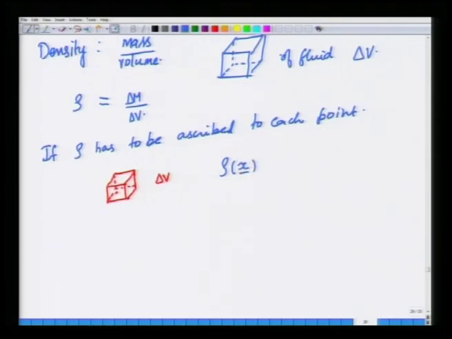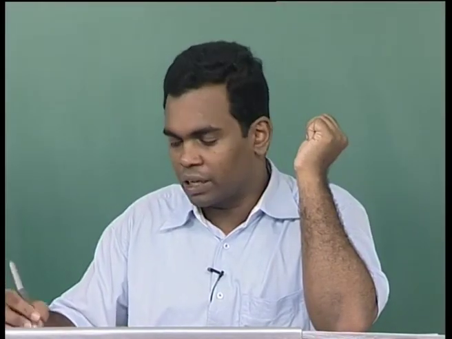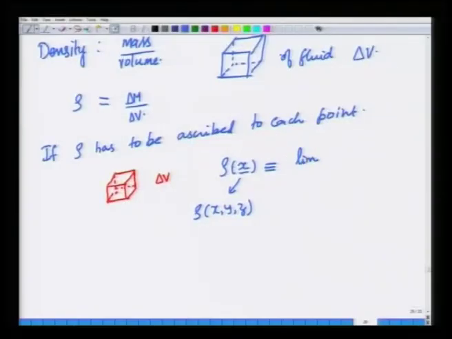The x vector, which is a short form for rho as a function of x, y, z, I will denote a point by labeling it with its position vector x, is defined as the limit of density around this point, denoted by x with respect to a coordinate system.